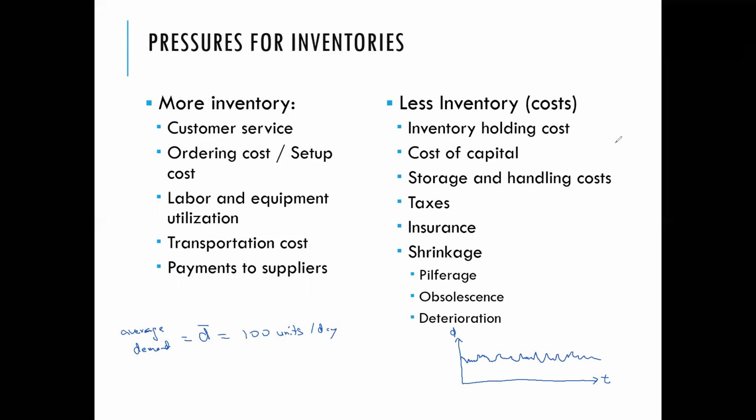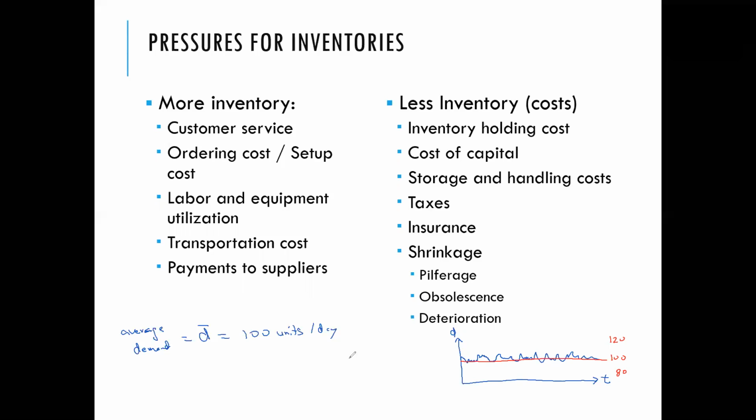Let me change the color. So let's say the average demand for a product is 100. As you can see, the demand sometimes goes up, sometimes goes down. The average demand is 100. The maximum is, let's say, 120, and the minimum is 80. So this is the demand for a product.